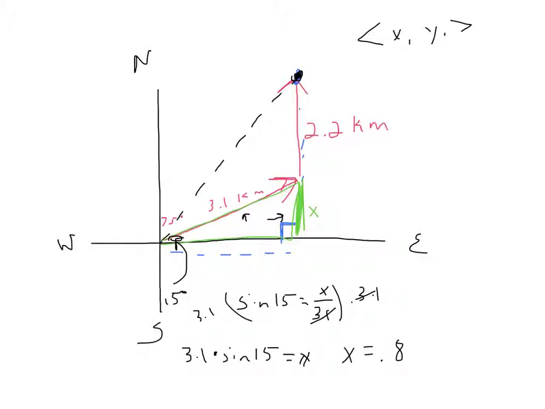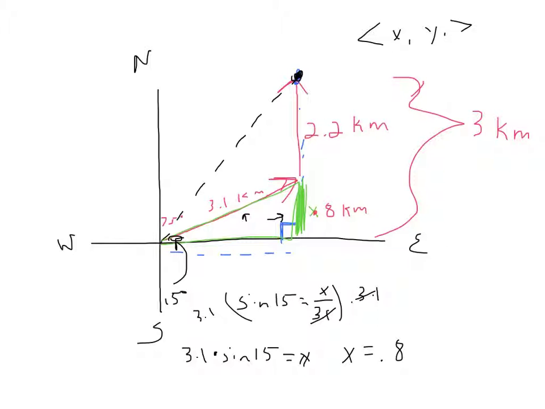We did talk about that a little bit, and we did come to that 0.8. So this green section of the problem is going to be 0.8 kilometers, which means the entire distance, or the entire height, is 3 kilometers, because I just took that 2.2 and added 0.8 to get 3 kilometers.